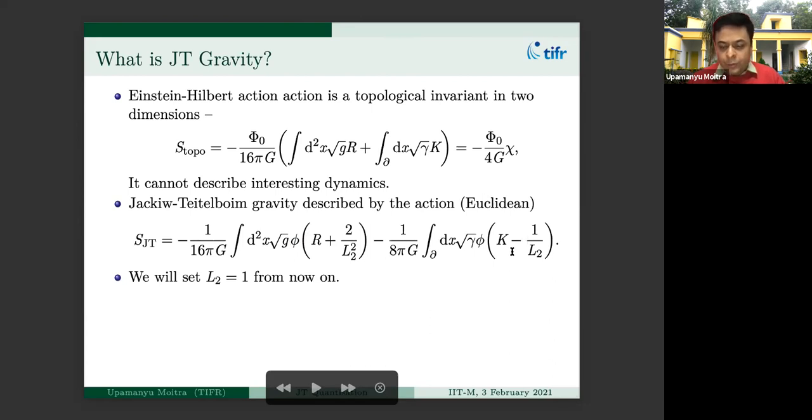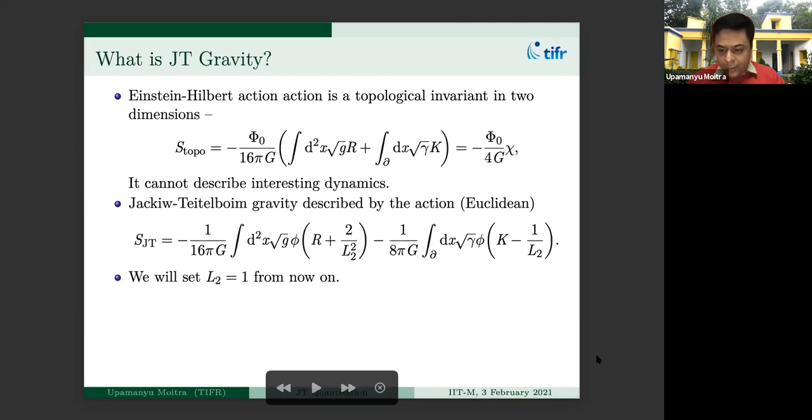And there's also a boundary term, which has this very specific form. And this L2 is a length scale, which we'll call the AdS2 length scale. And we'll be setting L2 to 1 from now on for simplicity of the presentation of the results.